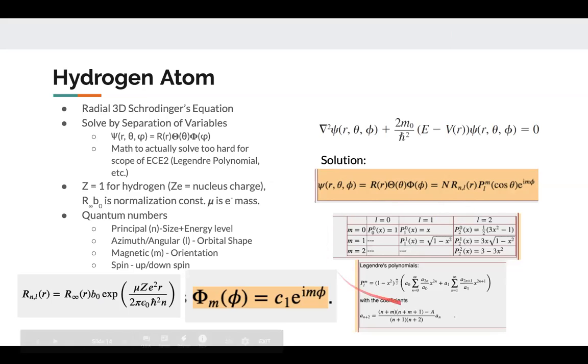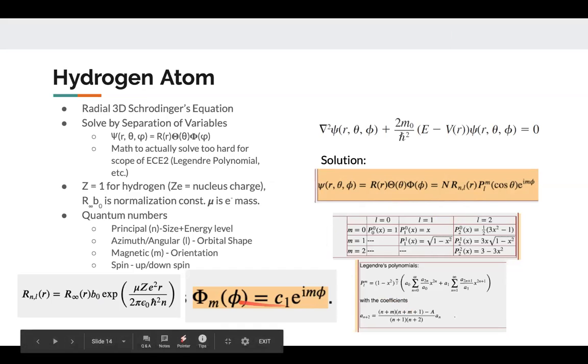You probably will not be tested on Legendre polynomials and actually solving this equation. I think the main point is just to get you to see the radial equation, because on last year's exam, there was a question where you disregard the phi part and the theta part.